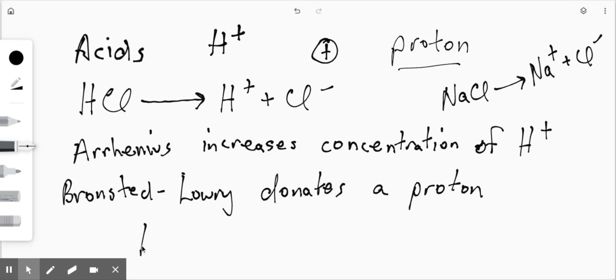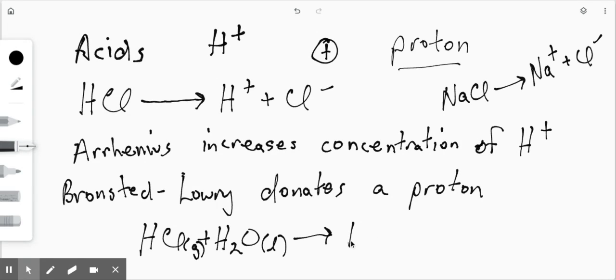What actually happens when the HCl meets the water? Let's go ahead and put water in here. HCl is called hydrogen chloride, and it's actually a gas. They bubble it through liquid water. And what happens is HCl, hydrogen chloride, donates a proton to the water.